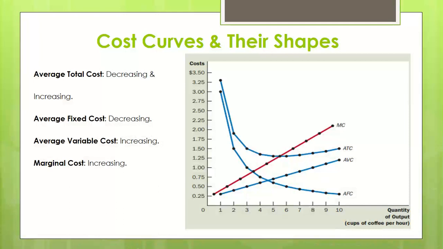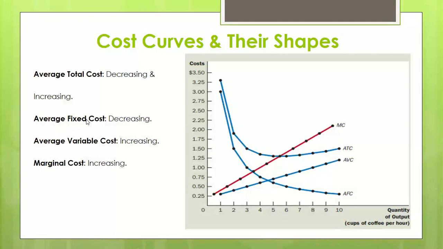Before going to the deep explanation of this graph, just look at these bullets. First is average total cost. Initially it is decreasing and then it is increasing. I will explain that phenomenon later on.